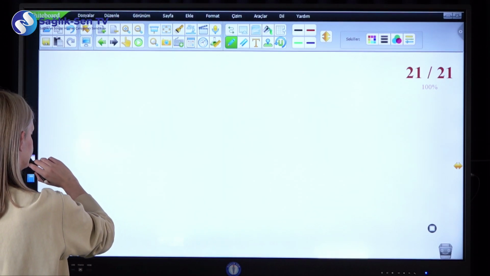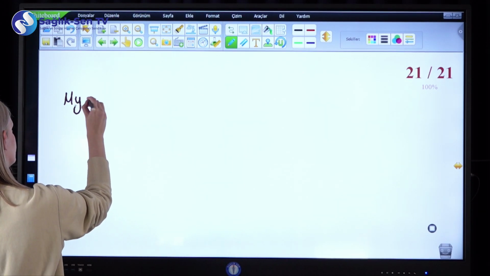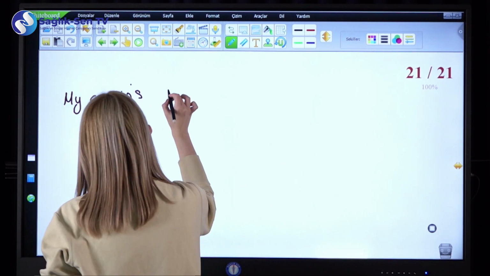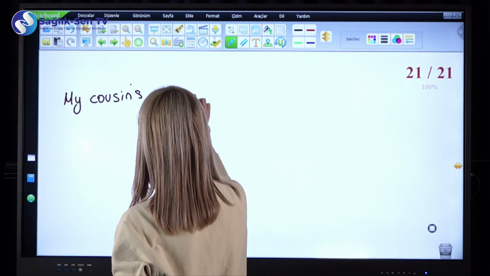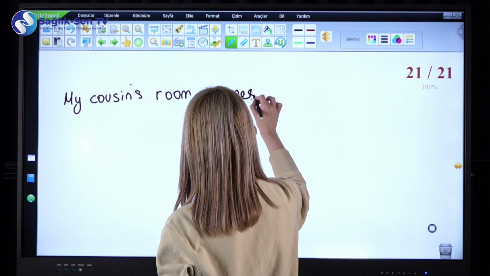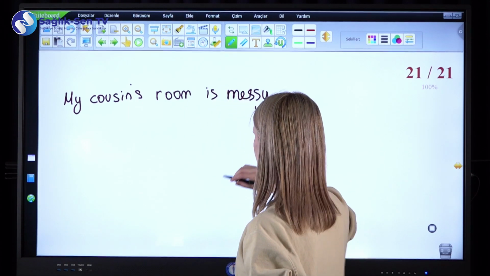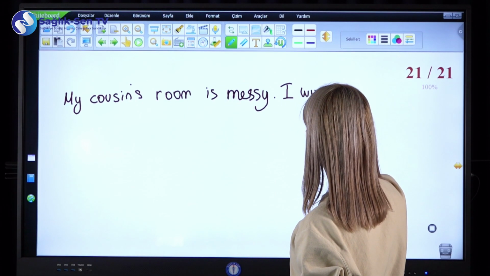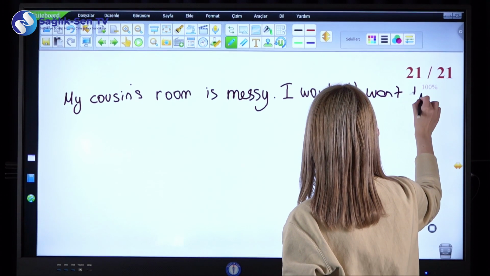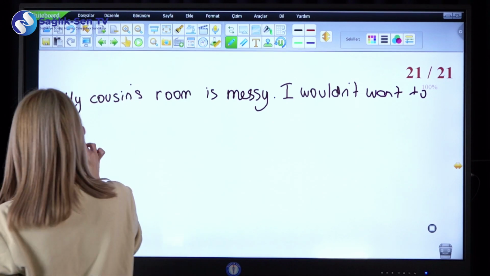My cousin's room is messy. I wouldn't want to sleep there.